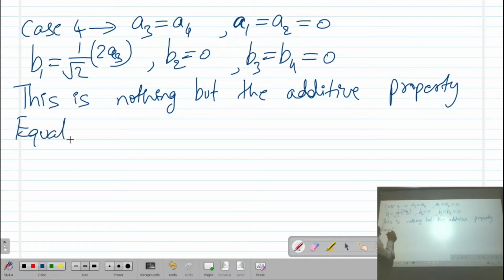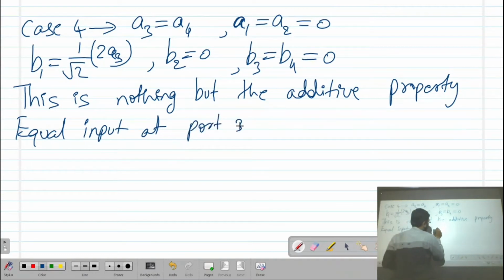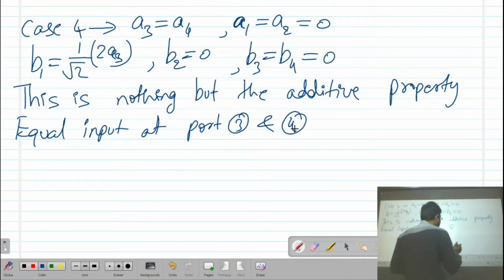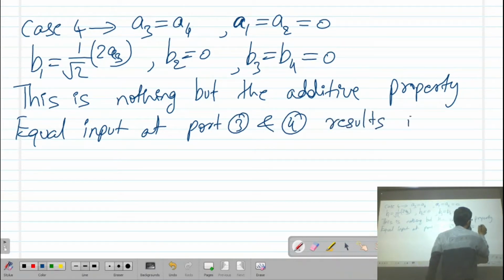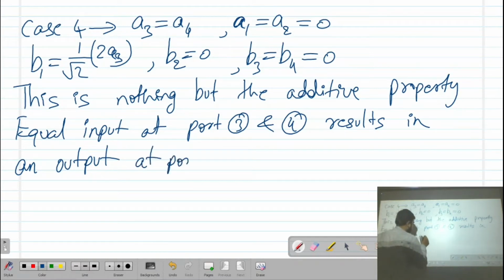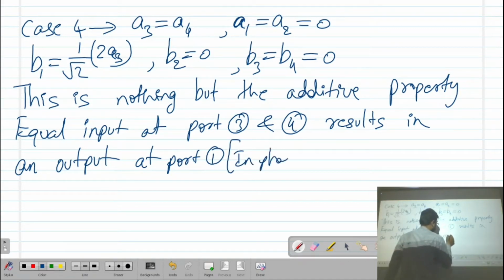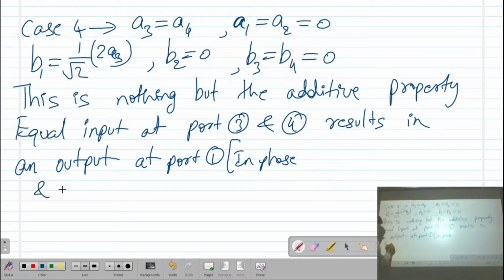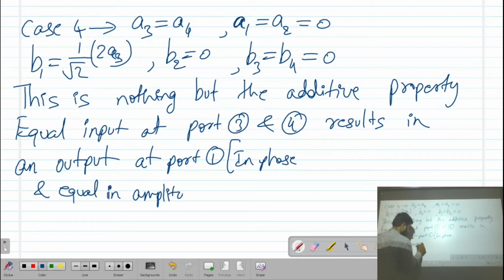Equal input at port 3 and 4 results in an output at port 1, and that will be in phase and equal in amplitude.